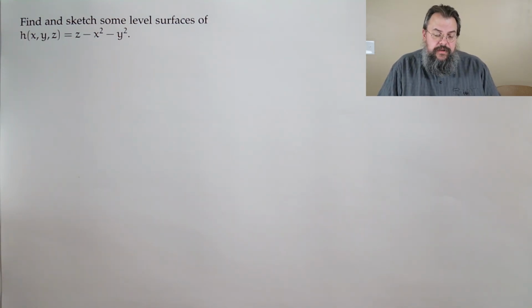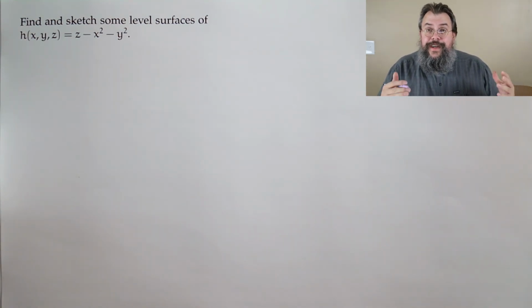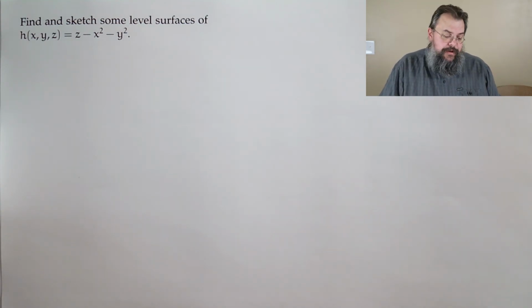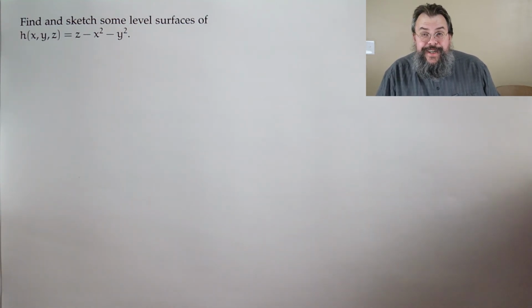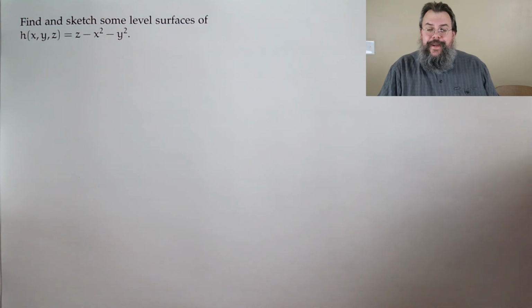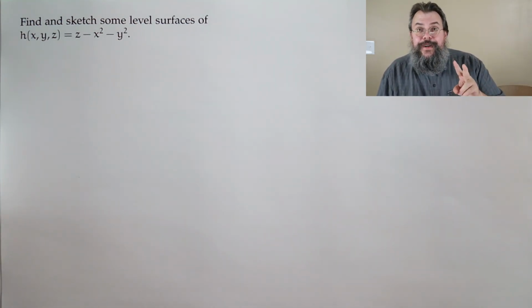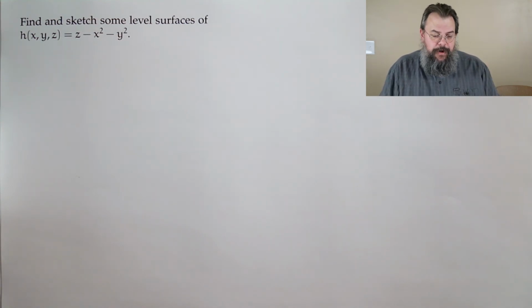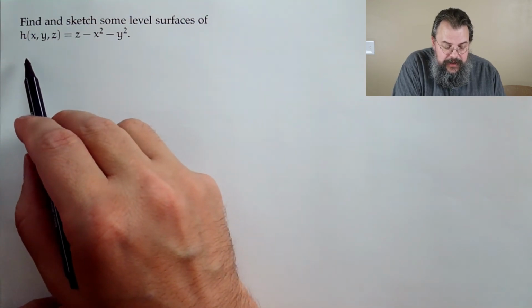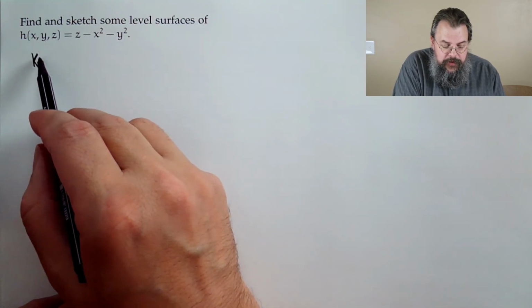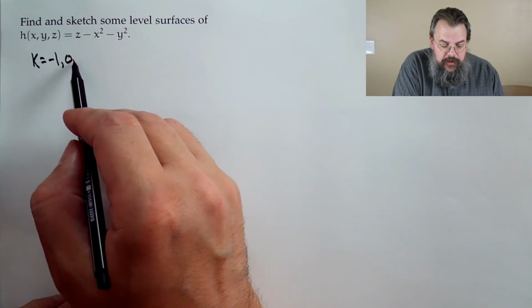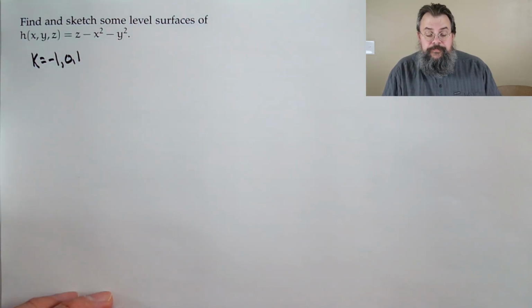And so it doesn't say which ones we have to do, and it doesn't say how many. So it's kind of a very vague question. But isn't that great? It means whatever we do, we got to be right. We have to do at least 2, because it says some, so that means more than 1. Let's do 3. So let's look at our surfaces corresponding to -1, 0, and +1.